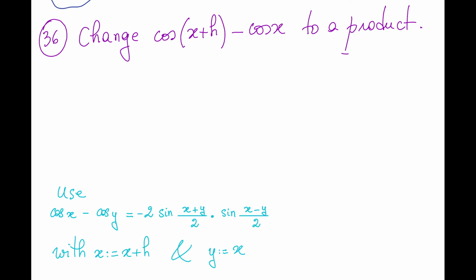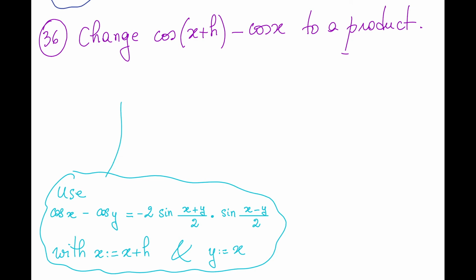Okay, so I'm gonna use this package to transition from the left hand side to a product. There's no left hand side actually in this case, so I'm talking about the expression cosine of x plus h minus cosine of x. So this arrow here is going this way.